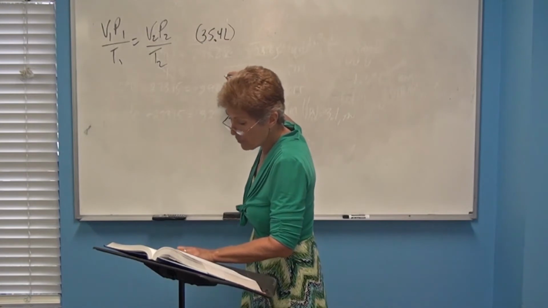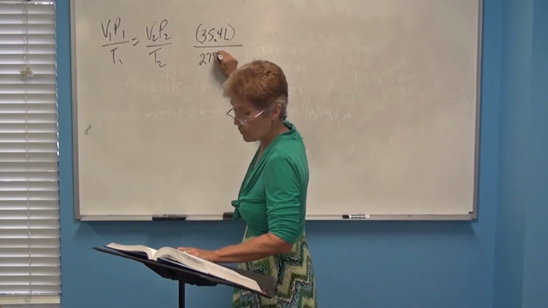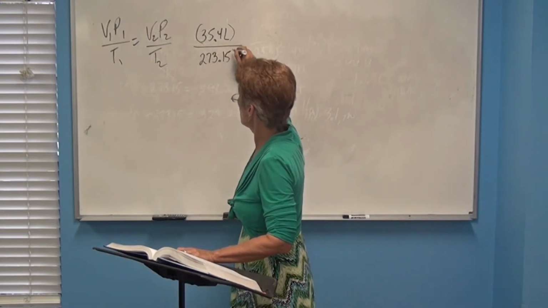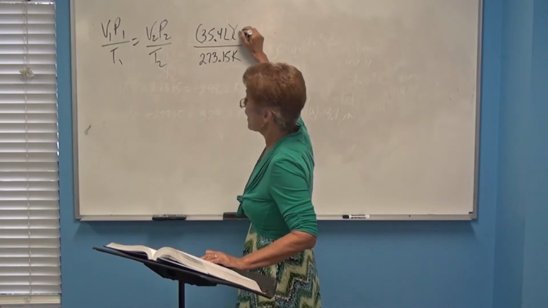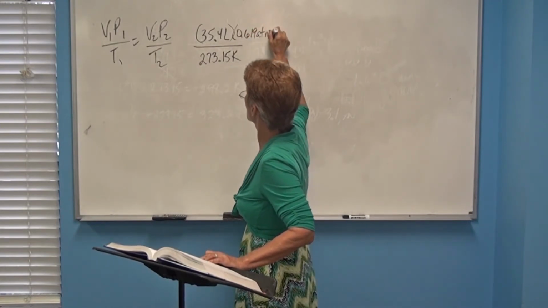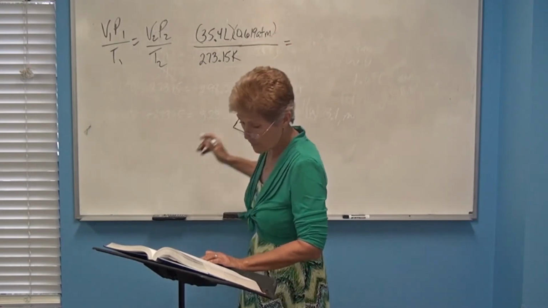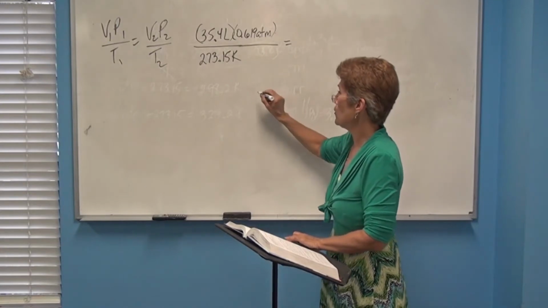Has an altitude where the temperature is 0 degrees Celsius, and so I'm going to add my 273.15, and that's going to give me my Kelvin. And the pressure is in atmospheres, 0.619 atmospheres. Okay, there's my first set of data. It's brought back to the ground where the temperature is. Okay, now we need T2.